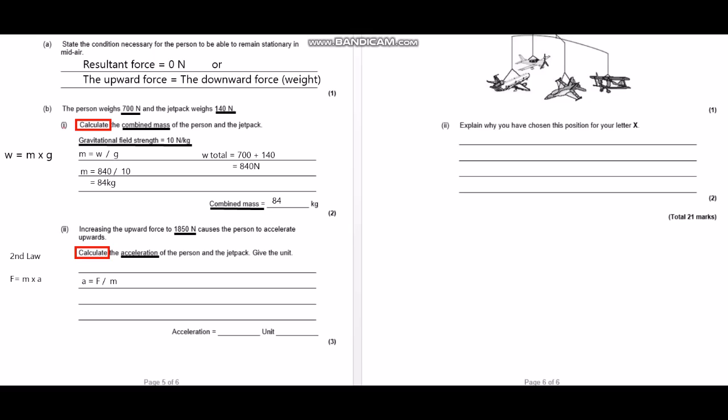So acceleration is going to be equal to the force, which is 1,850, divided by 84, which gives us an answer of, to two significant figures, 22, and the units are meters per second squared.